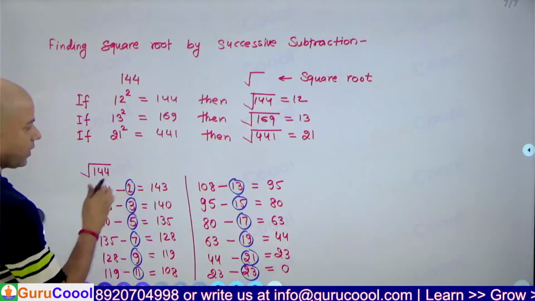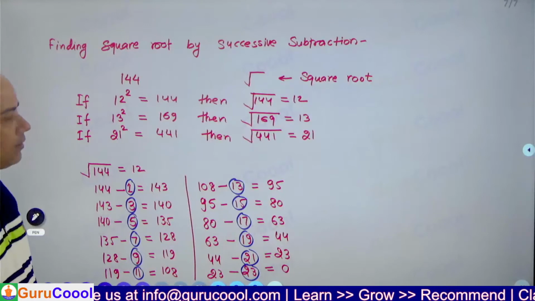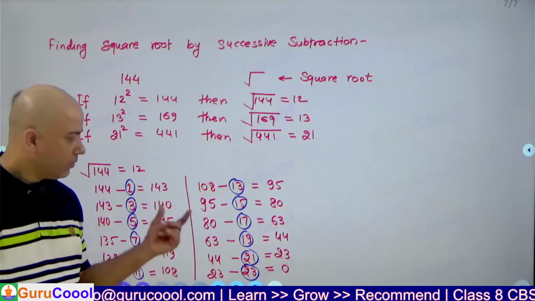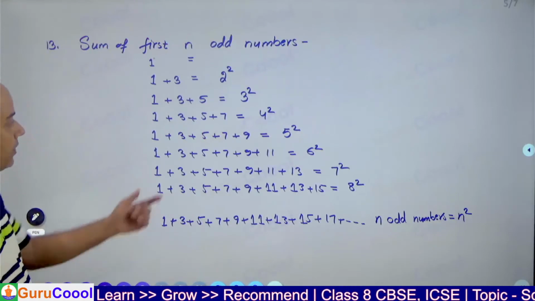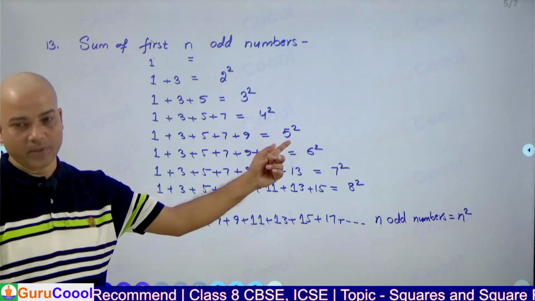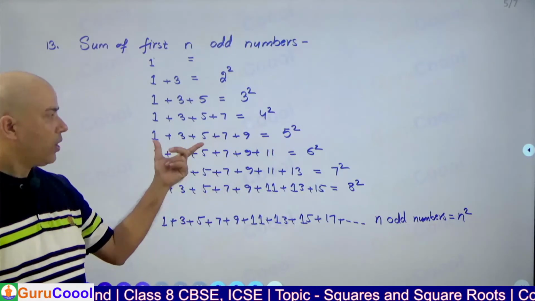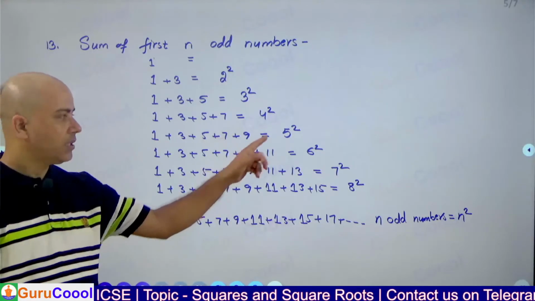That means the square root of 144 is 12. How could we do this? Because we understand that the sum of odd numbers is always a square number.